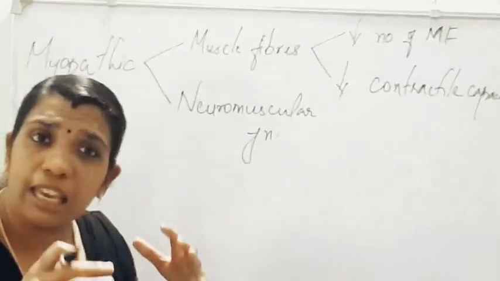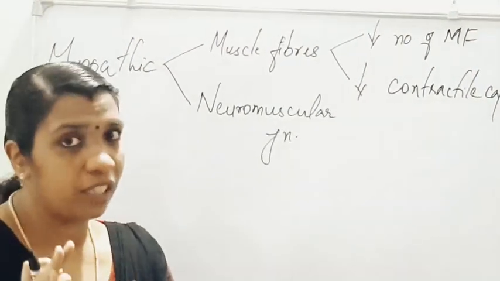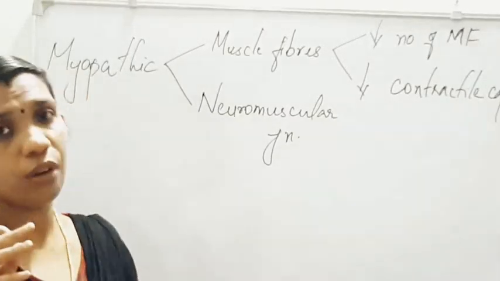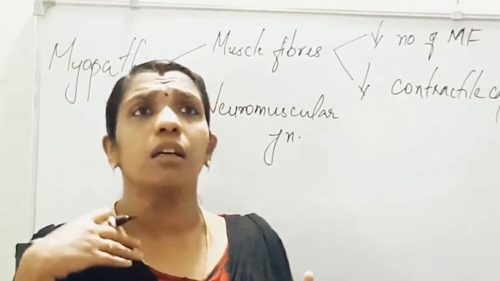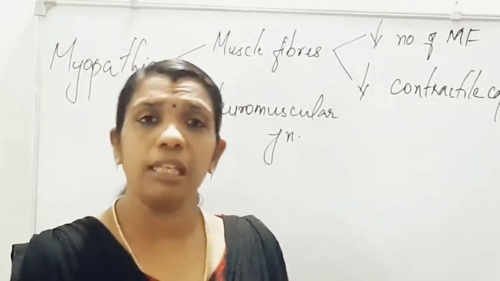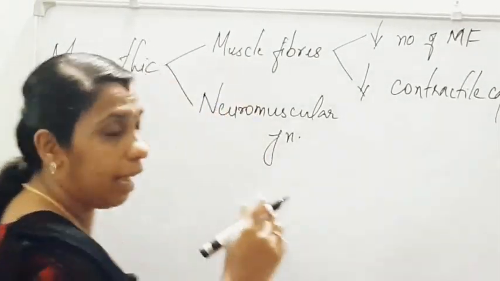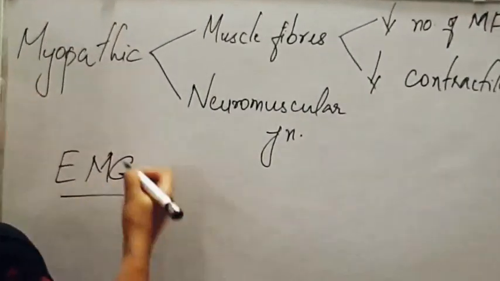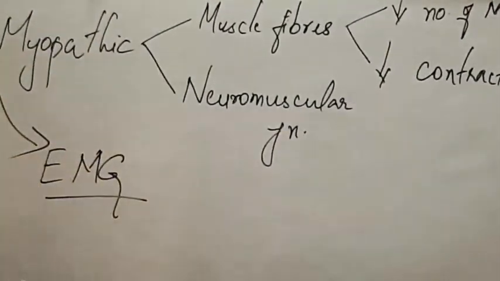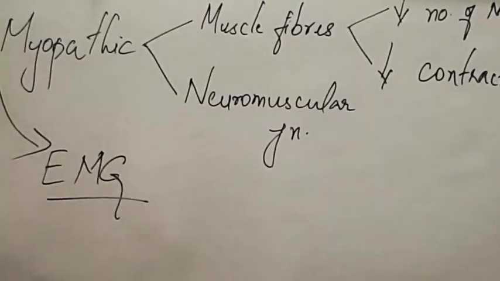I will be saying the investigations along with this, then it will be very easy to understand. You know what investigation to do? It is electromyography, EMG, the investigation to be done in case of myopathic weakness.